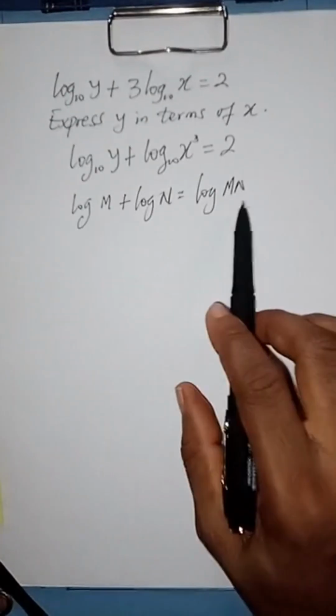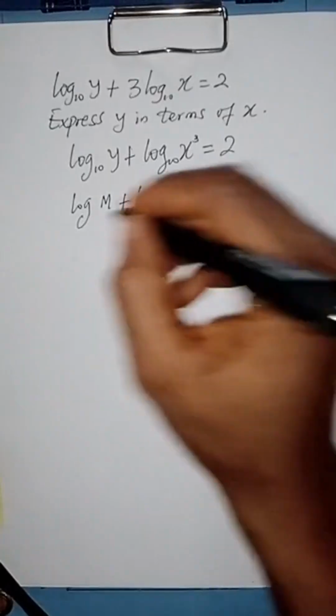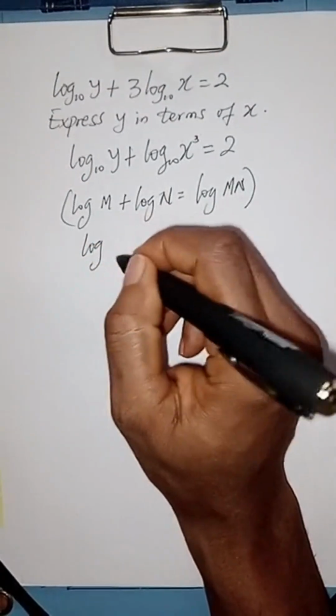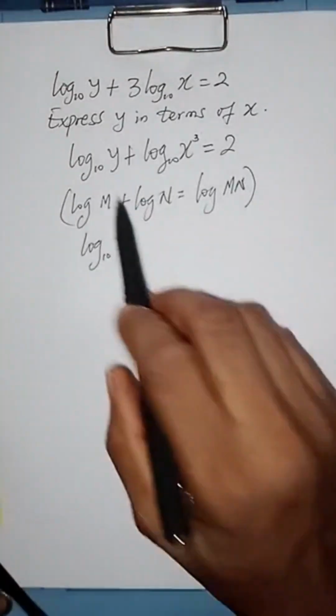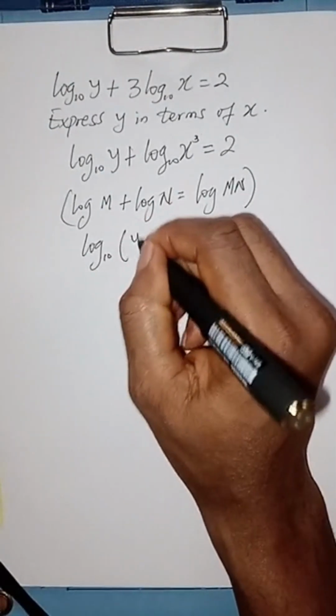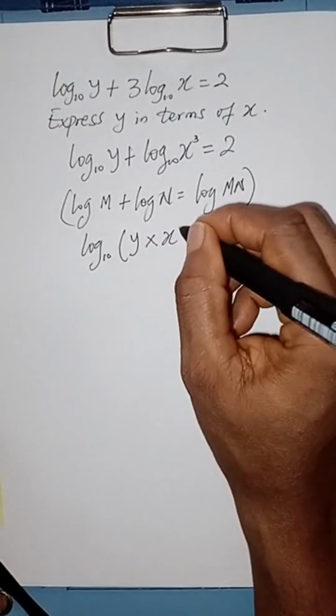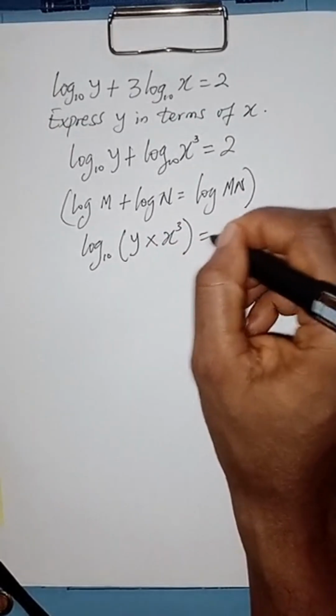So addition is multiplication. So if this is true, then I'm going to have 1 log, open a bracket for y, addition is multiplication, x raised to the power 3, close your bracket, equal to 2.